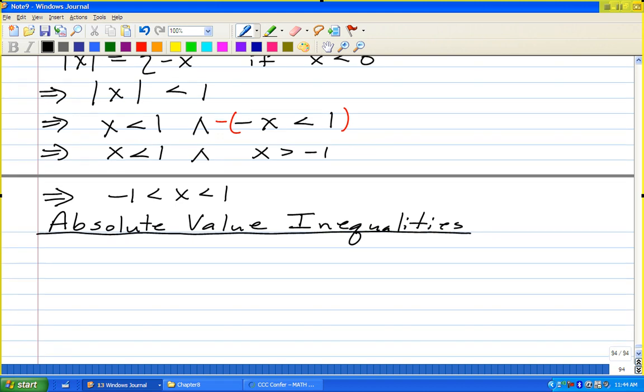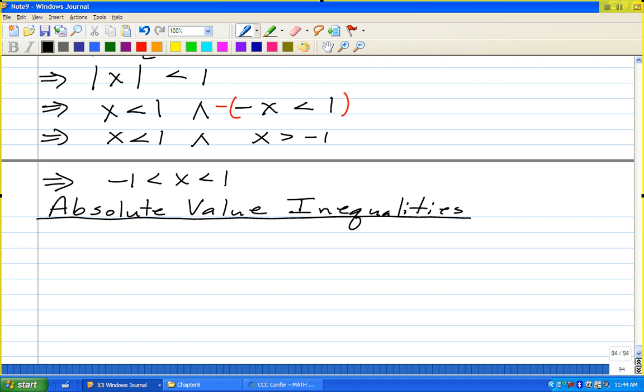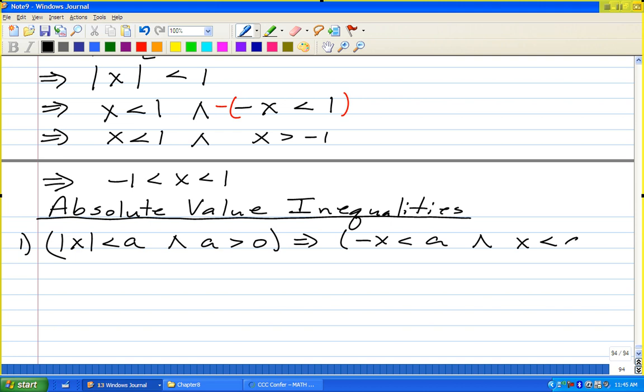Okay, so let's try to solve, well, the first case that I was looking at, absolute value of x less than a, and let's suppose that a were greater than 0. Then this would just say that, well, negative x is less than a, and x is less than a.